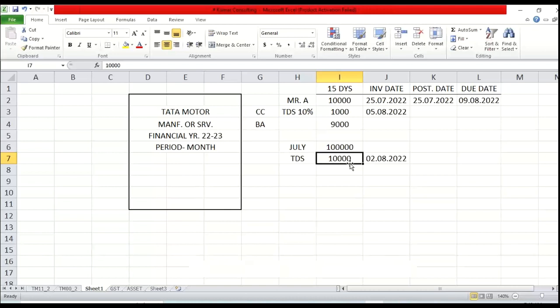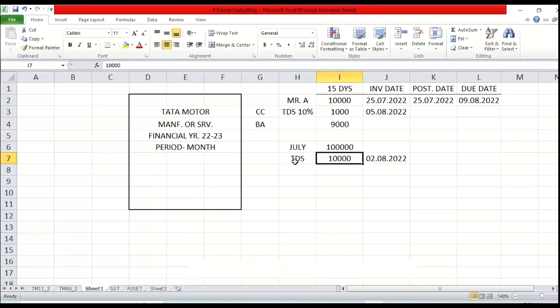So all the July month TDS that got deducted is going to be deposited to the tax department on the 2nd of August. Likewise, whatever TDS was deducted in June month is going to be deposited on the 2nd of July, right? And whatever TDS is deducted in August month is going to be deposited next month, that is 2nd of September. This is the procedure.